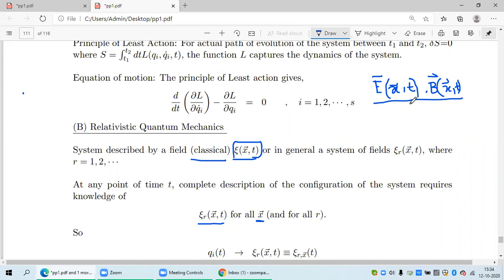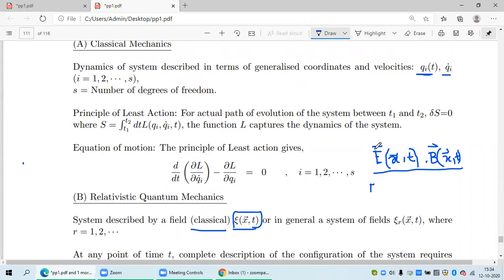That means you know the value of this field at every point in space of your room at all instants of time. So how many numbers do you need to describe the electromagnetic field in your room at a particular time? Can you tell me?